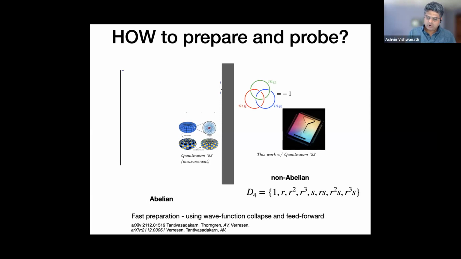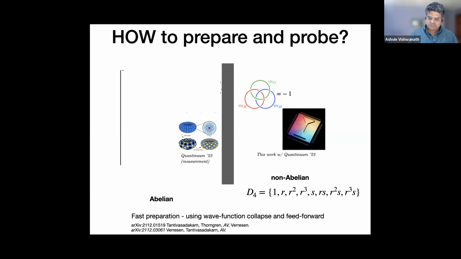The particular one that we'll talk about is based on a non-Abelian group. Just like the Z2 group was the basis for the toric code topological order, the group that we'll be interested in here is the non-Abelian group of symmetries of a square, D4. It has rotations and reflections, which do not commute with each other.